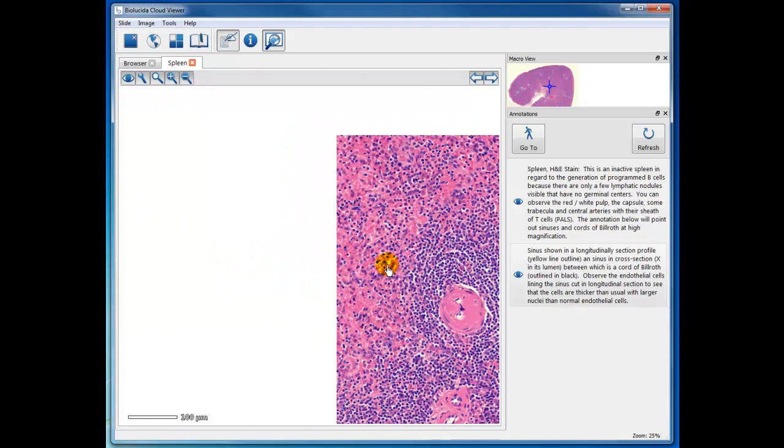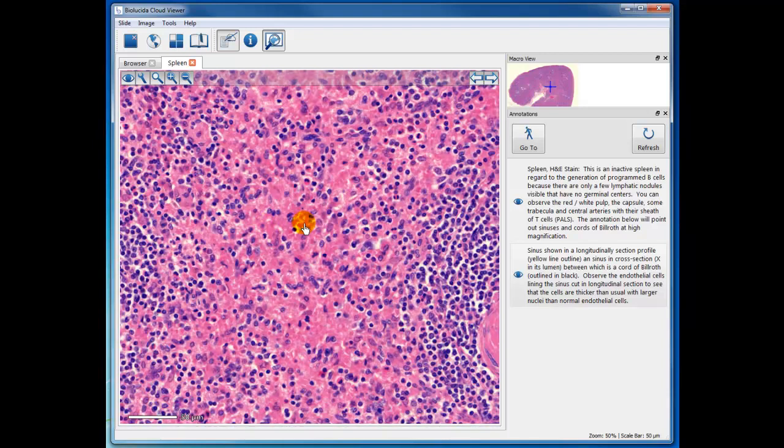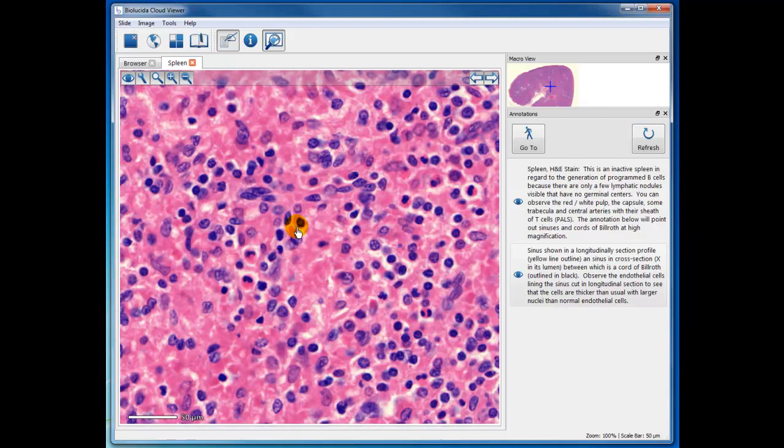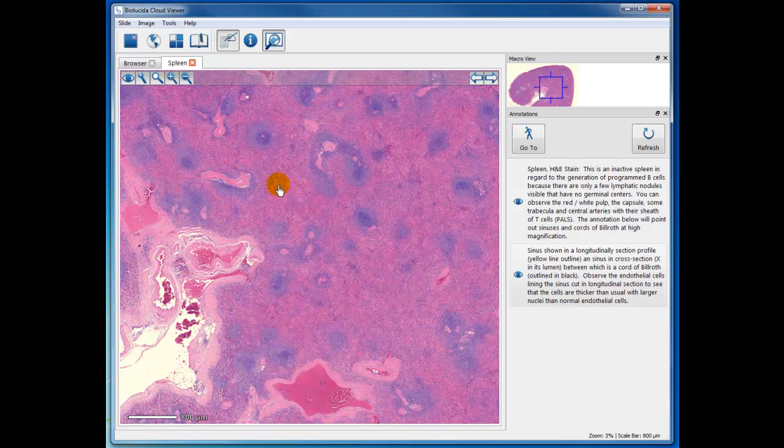Out here, all this red area are red blood cells, and it's a little hard in this specimen to recognize the cords of Billroth and the sinusoids, but both are present here, even though they're not very well defined. That's why we're giving you another specimen to look at.